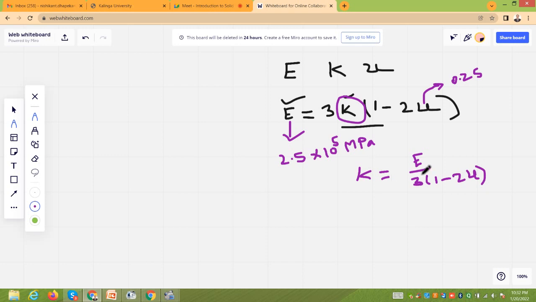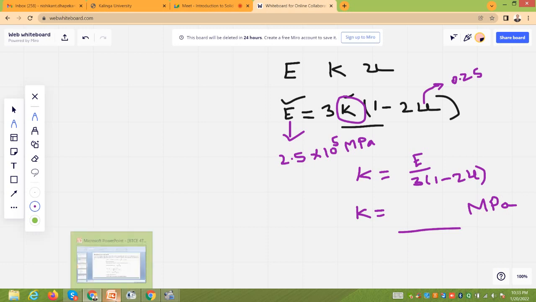You substitute E equal to 2.5 into 10 to the power 5 megapascal, Poisson's ratio 0.25. So what value will you get for bulk modulus of elasticity? Please tell me. Obviously, this value will also be in megapascal. Can anyone tell me?